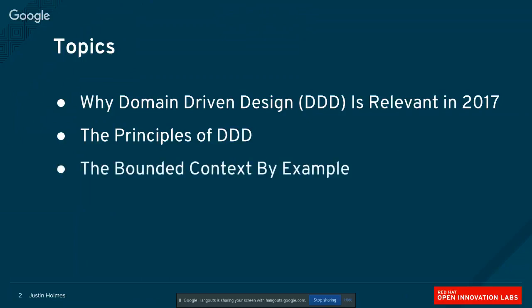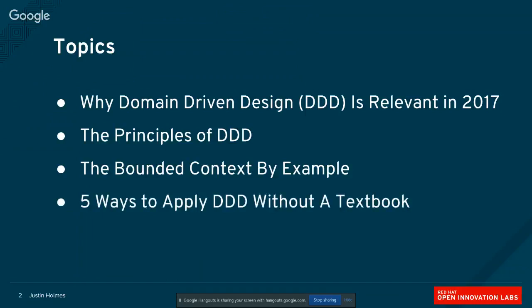And once we've done that, we're going to look at the bounded context, this key pattern that comes out of the domain-driven design community. We're going to look at some very tangible, realistic examples that are going to help put this concept into practice so that you can really see it in action. And then at the end, we're going to look at how you can apply the principles that we talked about earlier without necessarily reading one of the textbooks associated with this community. Those texts are important, but the reality is not everyone's got the time or patience to work through that material. So we want to look at all of those things today.